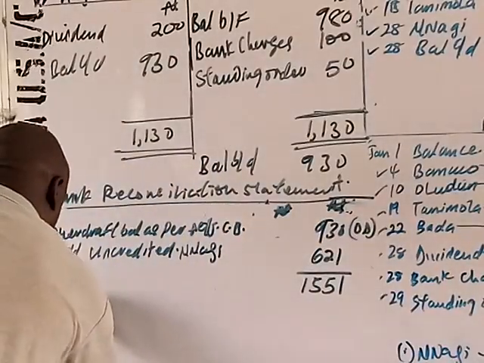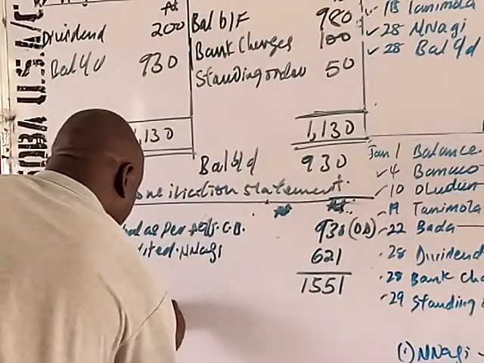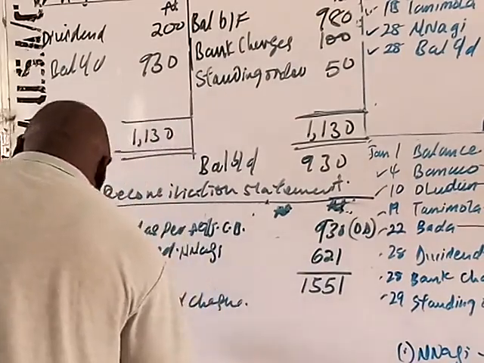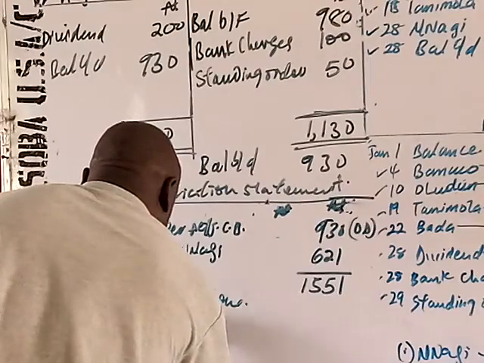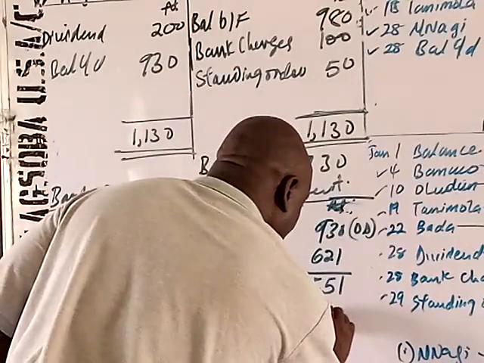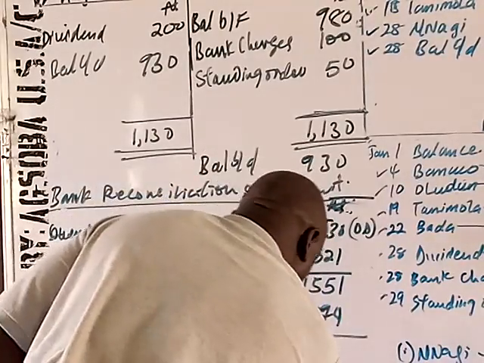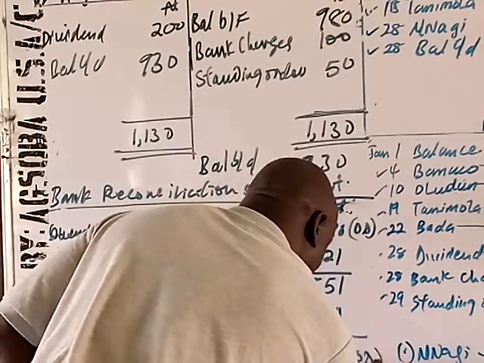Then you less your unpresented check. Our unpresented check is 5,759. You deduct. What you have here is 972 overdraft.